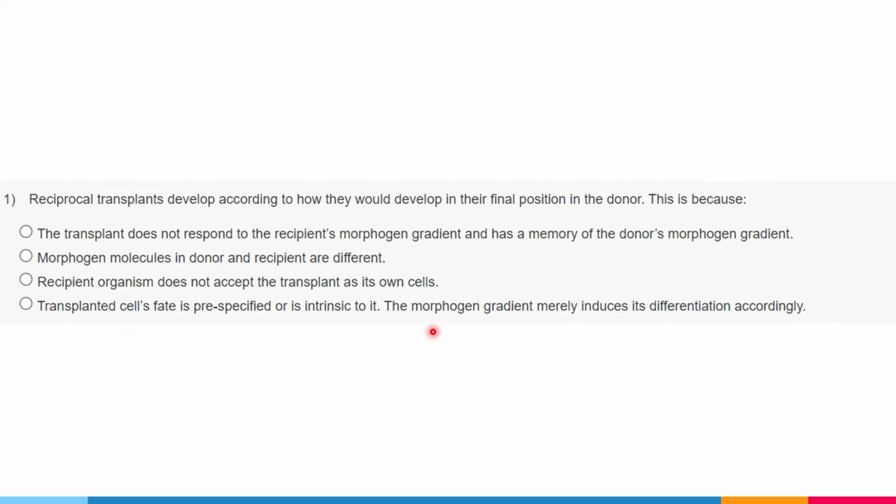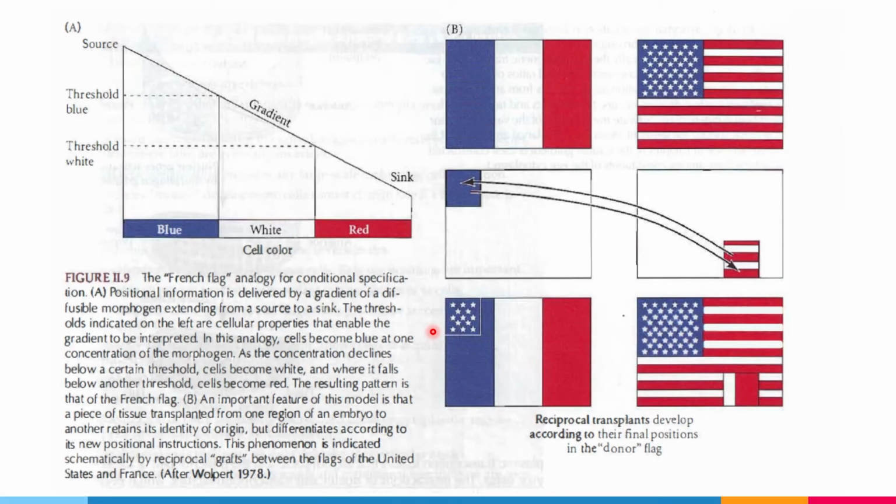Okay, so let us look at what exactly is happening. We have already discussed the oral apparatus transplantation, and we will now look into why exactly it occurs like this. Here we have the French flag model, and we see exactly how the gradient affects the formation of the flag. Say there was a high concentration of morphogen on the left side of the flag, and the part of the flag which has the highest concentration can only form the blue color.